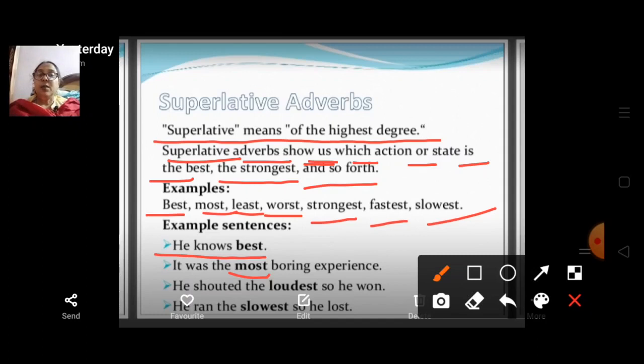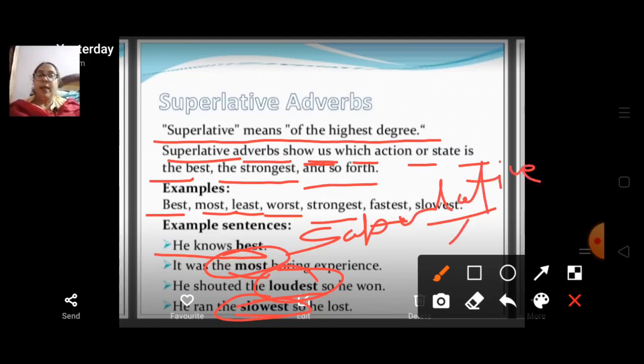He shouted the loudest, so he won. He ran the slowest, so he lost. Loudest, slowest, and most are all superlative adverbs.